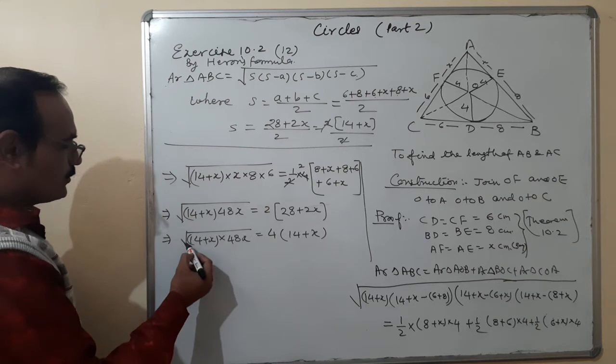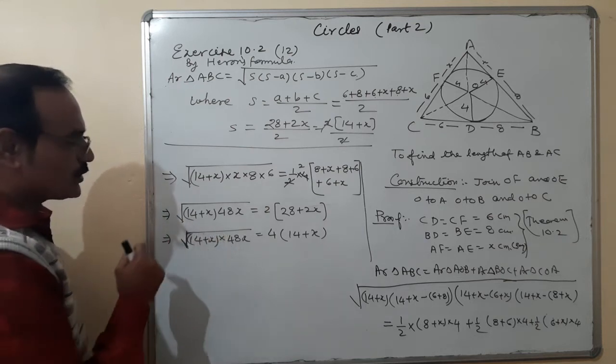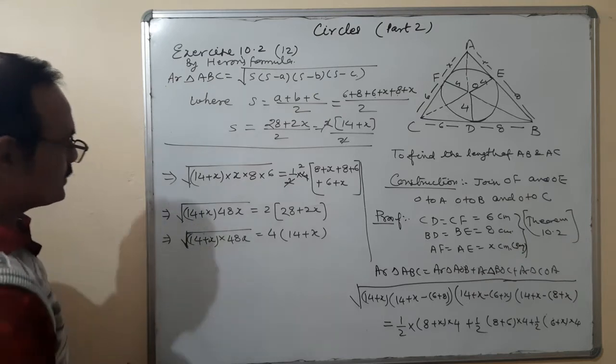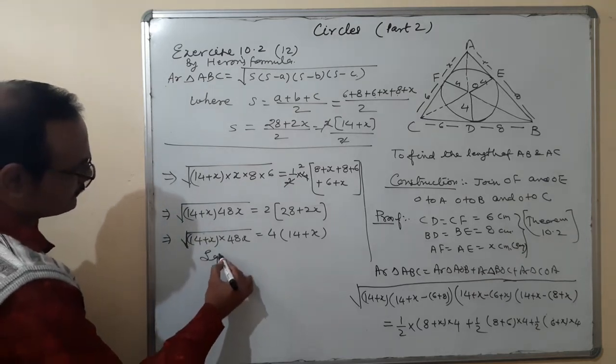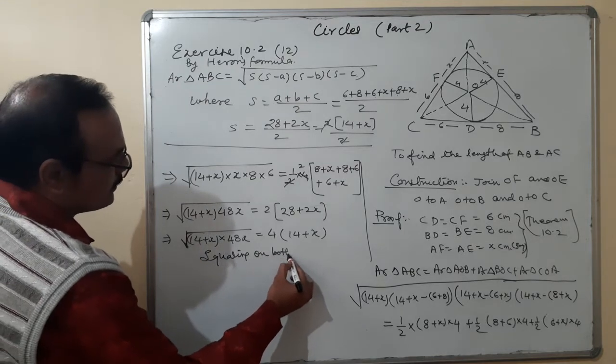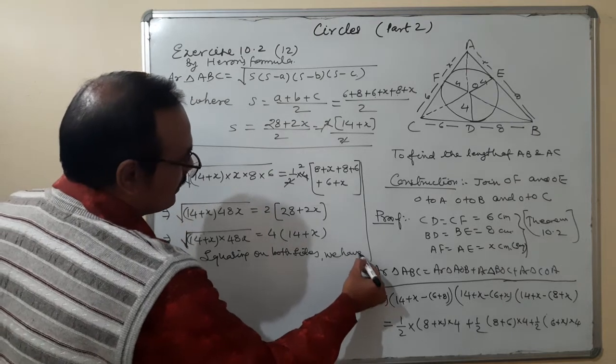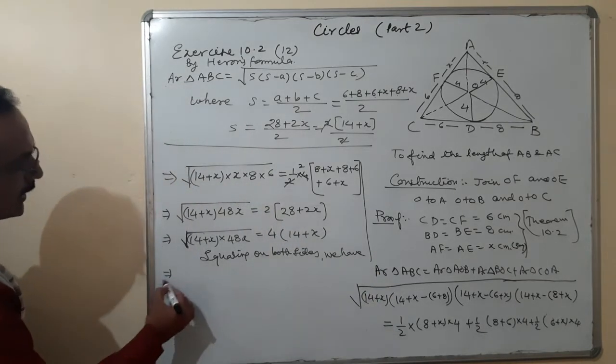You have to remove this root. And for removing the root, what should be done? Squaring on both sides. If we are squaring on both sides, then what happens?